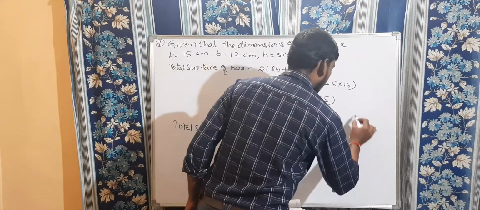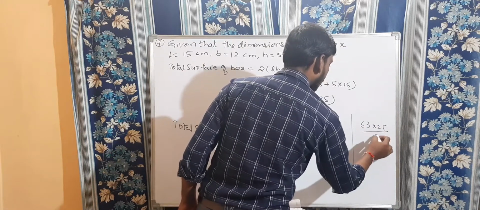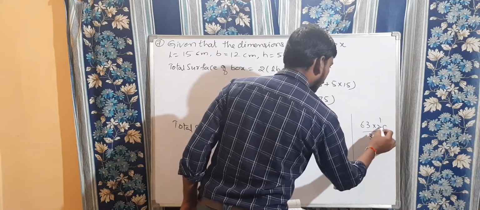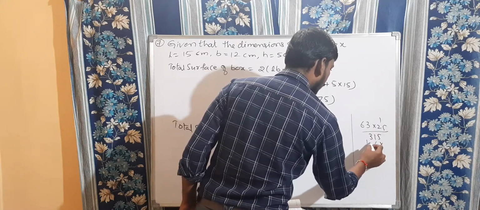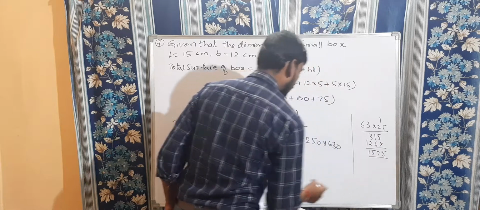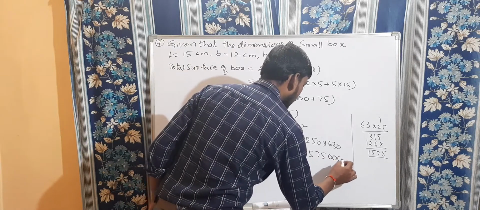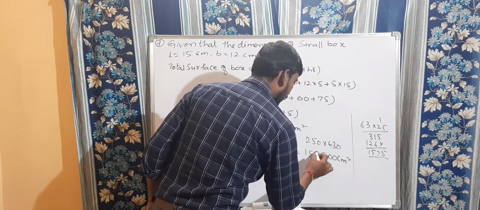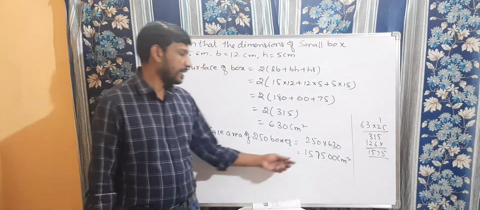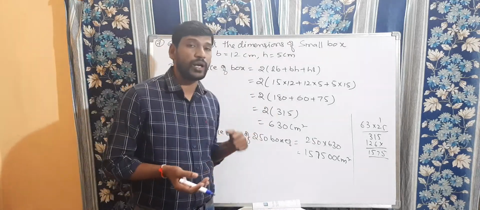When we multiply 63 into 25, you will get the answer. 5 3s are 15, 5 6s are 30 plus 1 is 31, and so on, giving 1575. Here 2 zeros are there, no? You just write down 157500 centimeter square. This is the total area of the 250 smaller boxes.